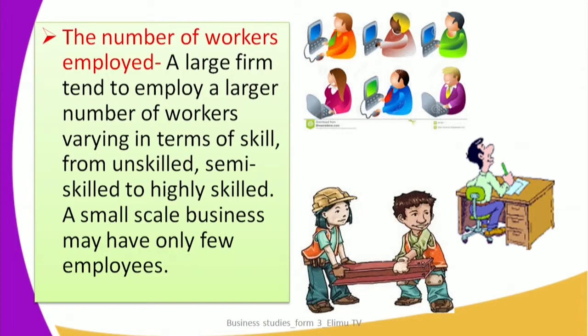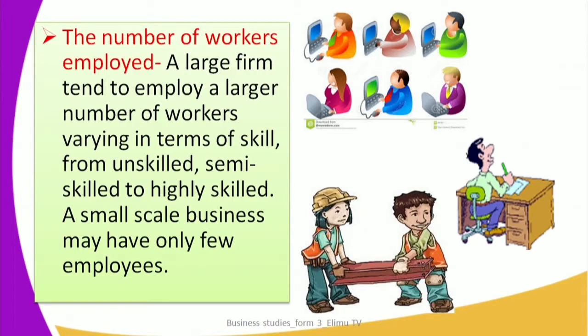So a farm with many employees is said to be a large farm, while a farm with few employees is said to be small. If Firm A has 10 employees and Firm B has 500 employees, Firm B is said to be bigger or larger because it has more employees.